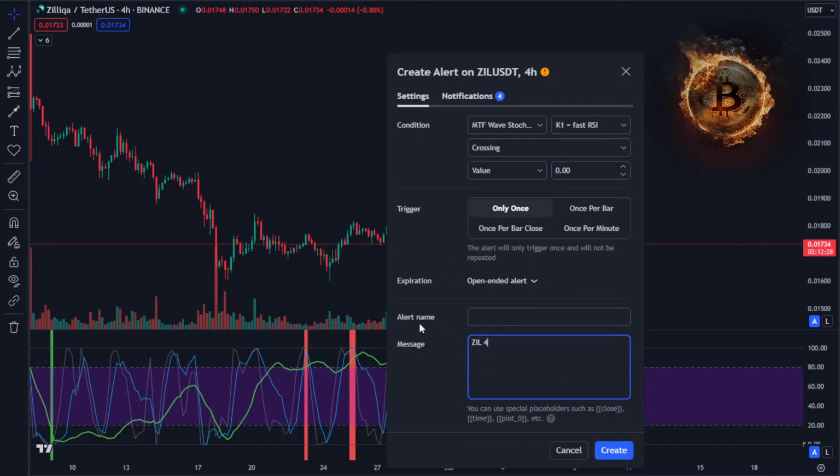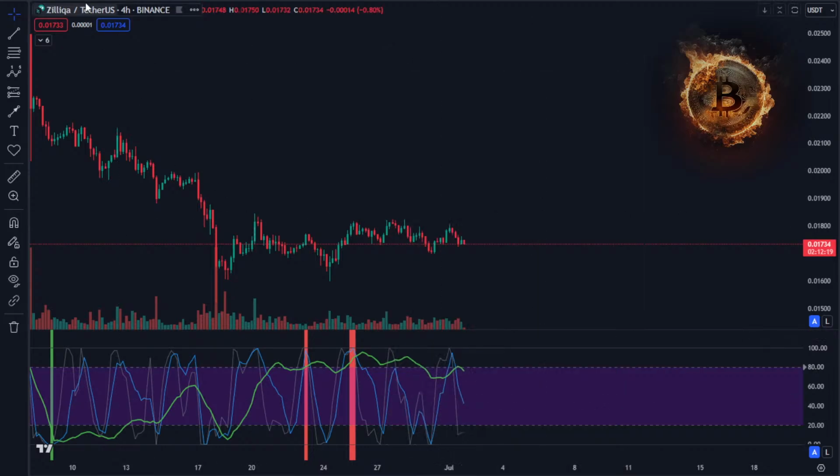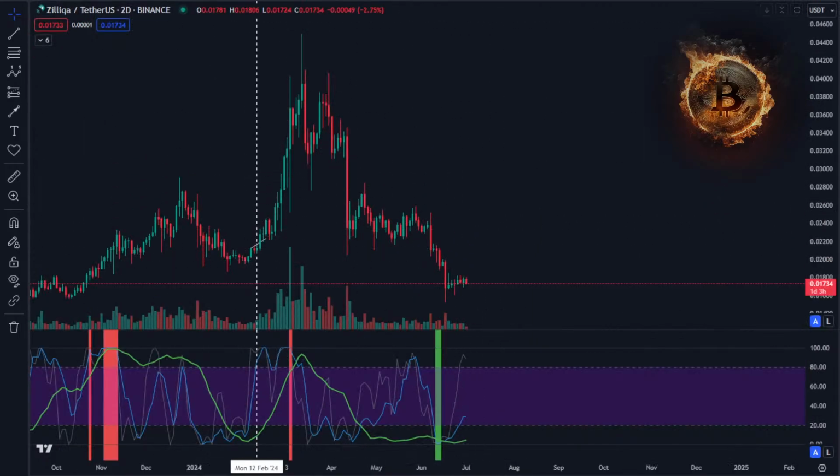ZIL 4-hour 2-day possible short, and add 80. Okay, also to make sure I'm not mistaken, 2-day is looking the same.